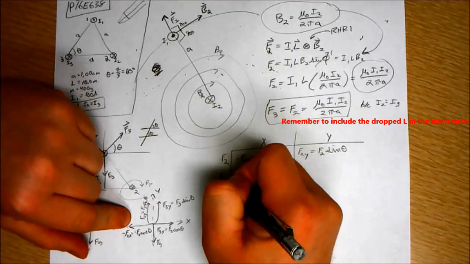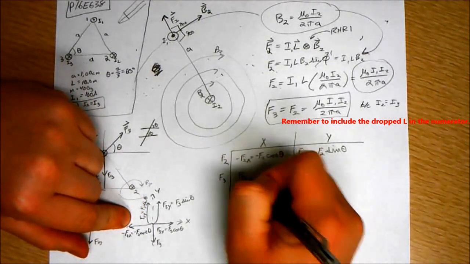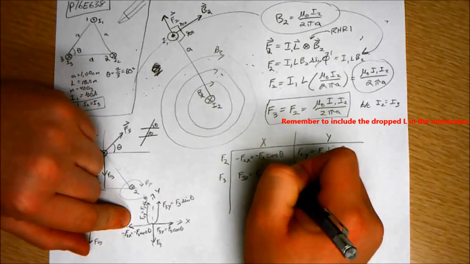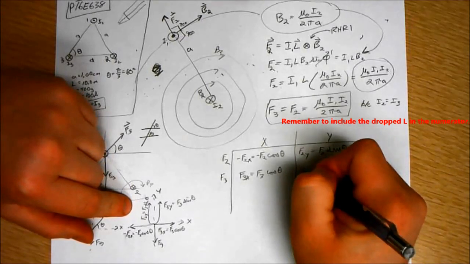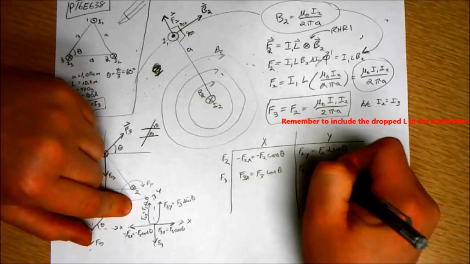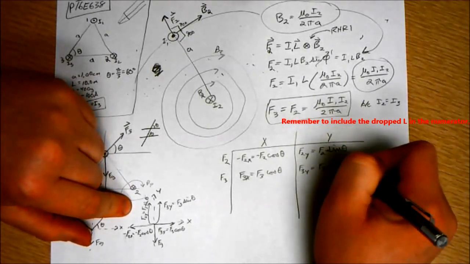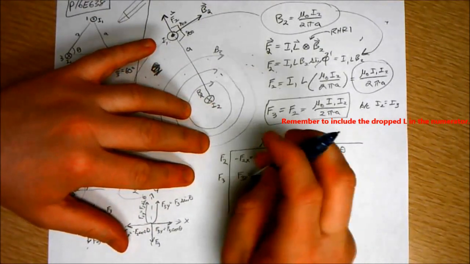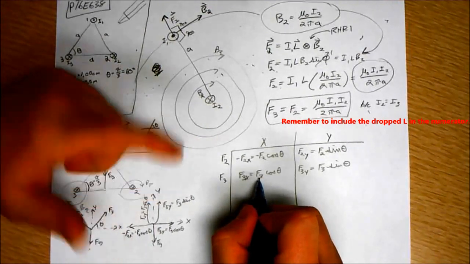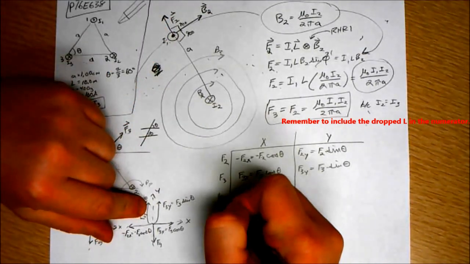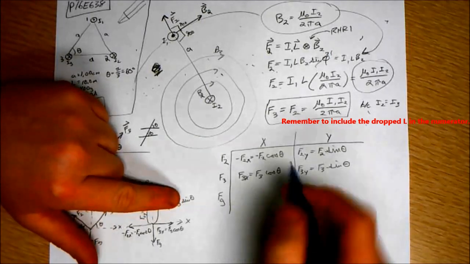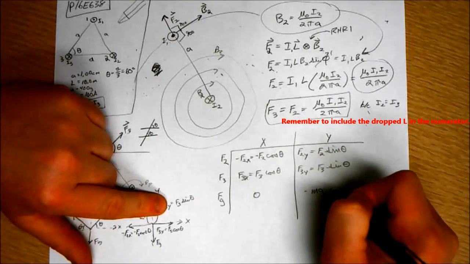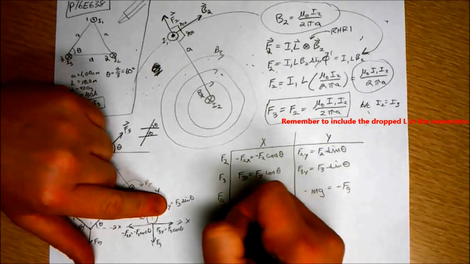F3 in the x direction is F3x equals F3 cosine of theta, and in the y direction, F3y equals F3 sine of theta. We know that F3 equals F2. I'll show you that in a second. The force of gravity has no component in the x direction and has component negative mg in the y direction.